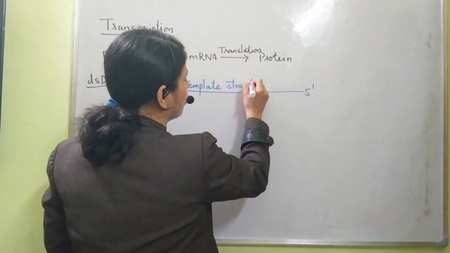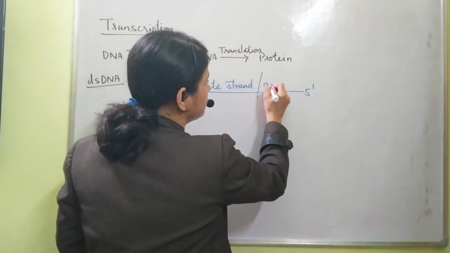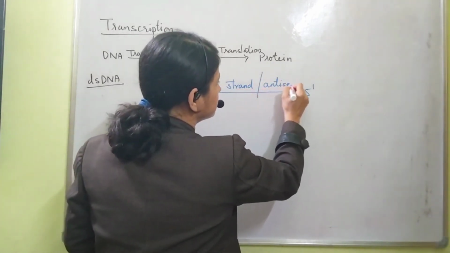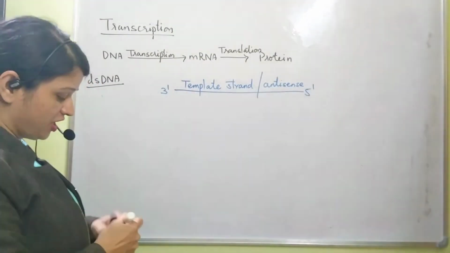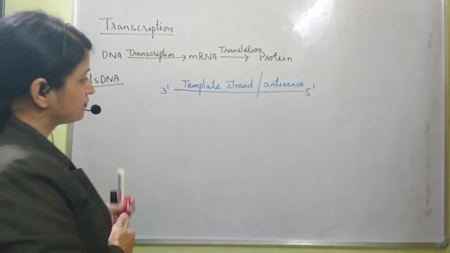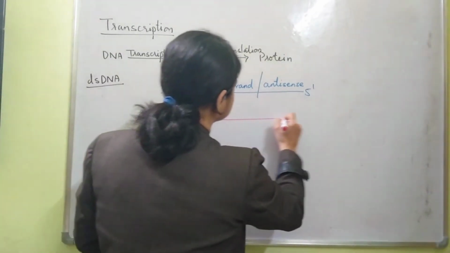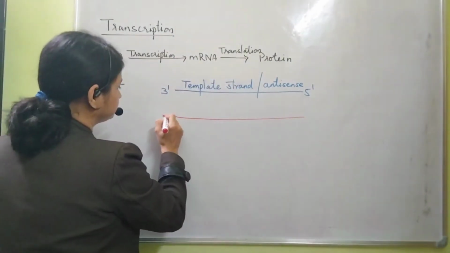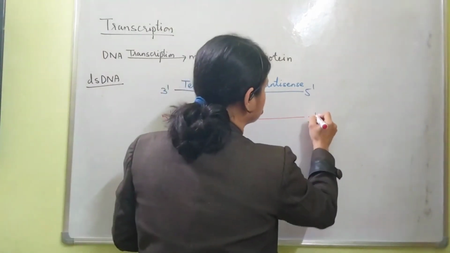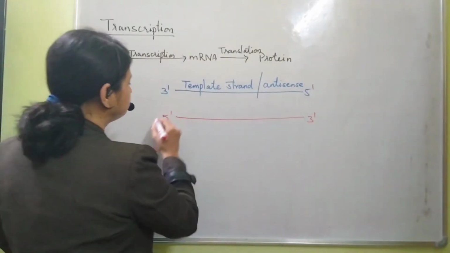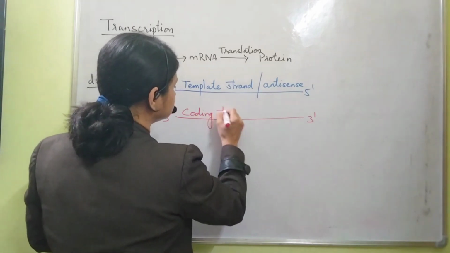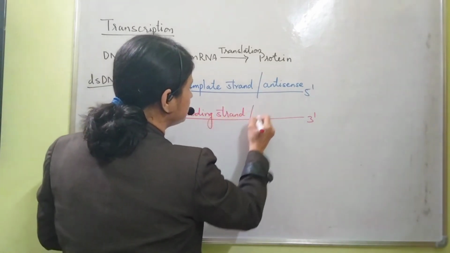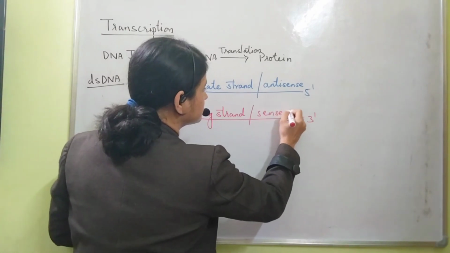It is also called the antisense strand. The other strand which has polarity 5' to 3' is called the coding strand or sense strand.